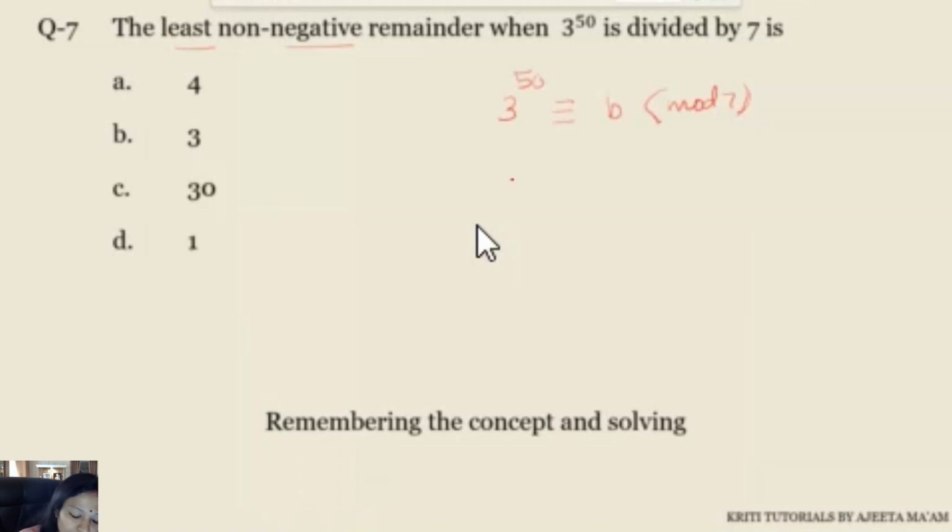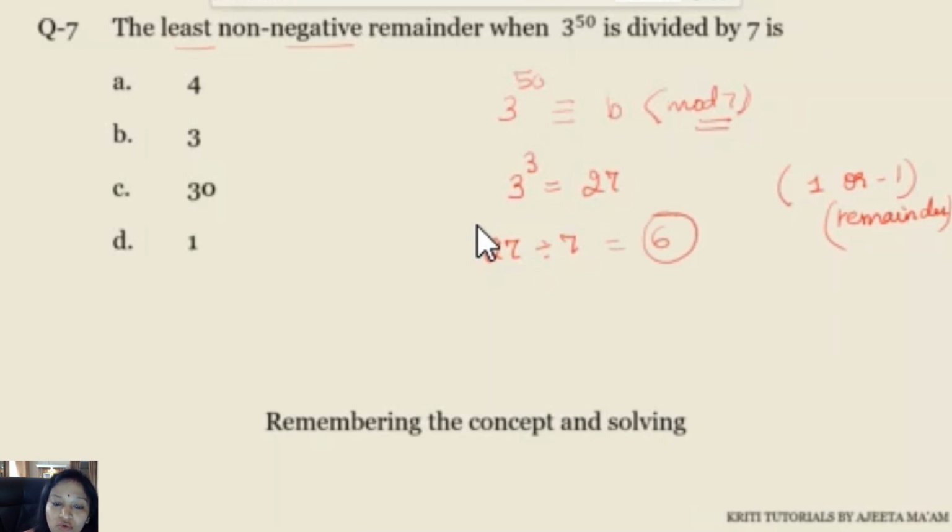Now what we have to do is look for the least power of 3 so that we can get the least multiple. Mostly we look for a 1 or minus 1 remainder. Remember, we look for a 1 or minus 1 remainder to solve these questions. Now 3 raised to 3 is 27. If we divide 27 by 7, because mod 7 is given here, we will have the remainder 6.